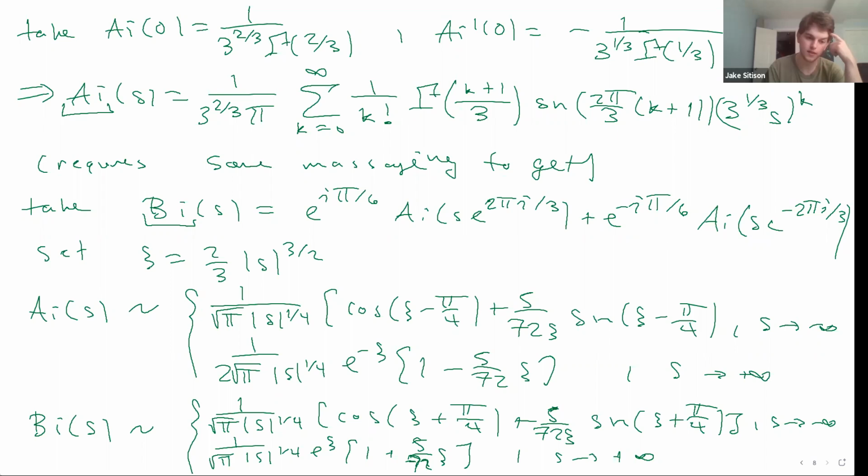I don't know if this is a general trend, but a lot of times when there's the first and second kind, the second kind blows up at 0, and I don't think that happens with the Airy functions. I think they're both well behaved at 0, and then they should also be bounded in either direction, right?